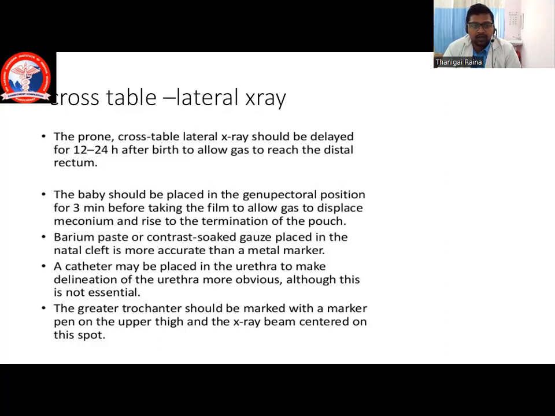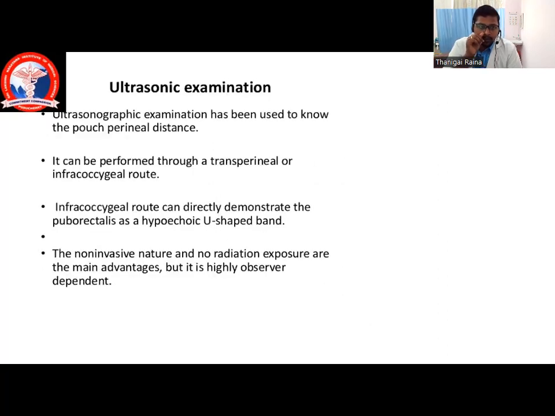It is more accurate than a metal marker. A catheter may be placed in the urethra to make delineation of the urethra more obvious. Although this is not essential, we can do it to delineate the urethra. The greater trochanter should be marked with a marker pen on the upper thigh, and the X-ray beam is centered on this spot.